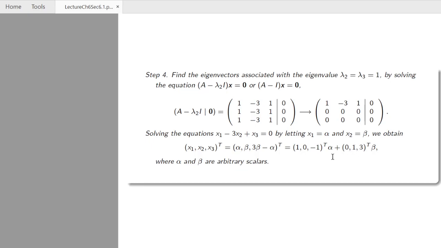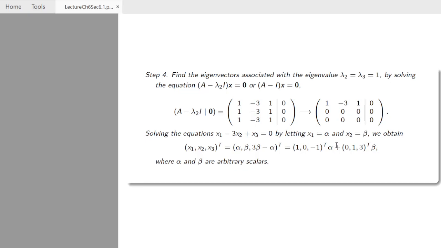Now for that, alpha and beta are not both 0 at the same time, because we require an eigenvector to be a non-zero vector. So we have infinitely many choices. Each of those is an eigenvector associated with the eigenvalues lambda 2 and lambda 3.